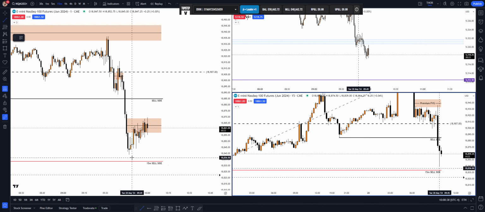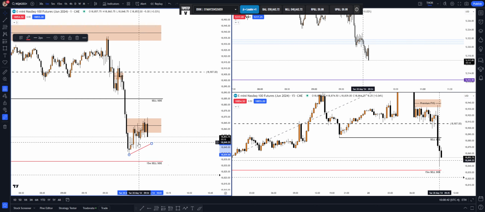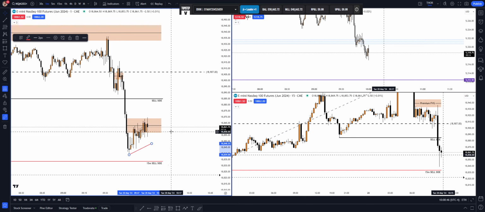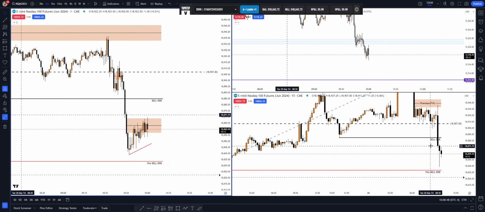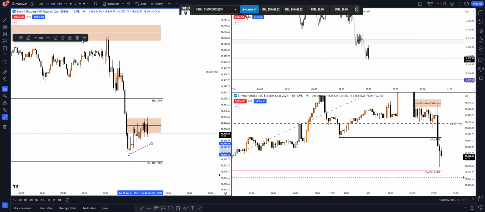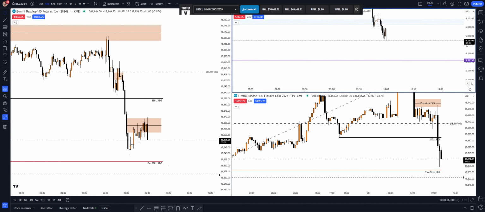So there's the SMT here. I really want to see it pumping price a little bit. At least a 15-minute fair value gap could be good. But ES is still super weak.